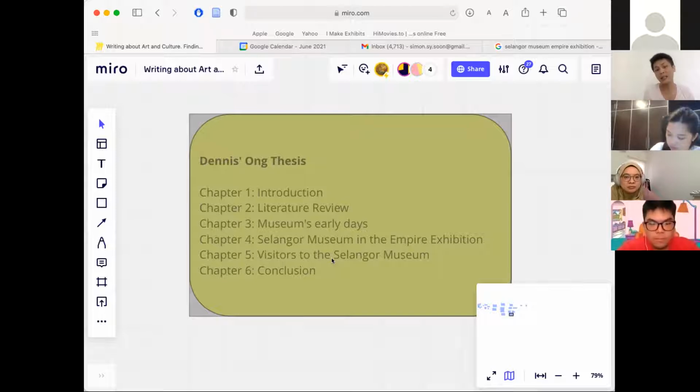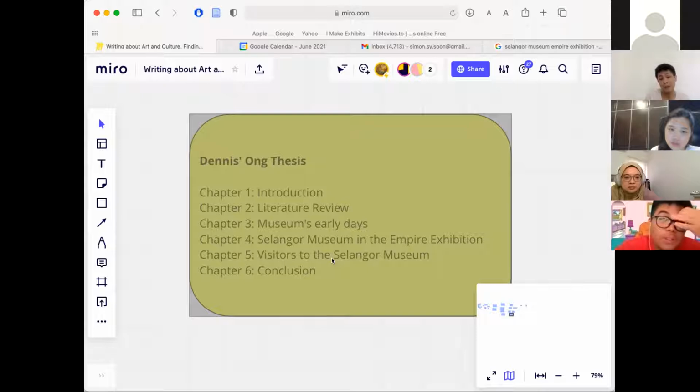And then chapter 3, rather than frame it as early days, think of the founding ideology. Then that chapter would, yes, sure, contain information about the museum's early history, but more than that, you're using that to analyze and understand the motivations that resulted in, say, the founding of colonial museums in the 19th century.